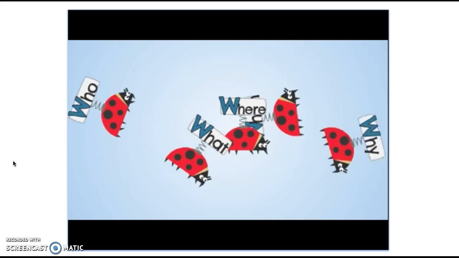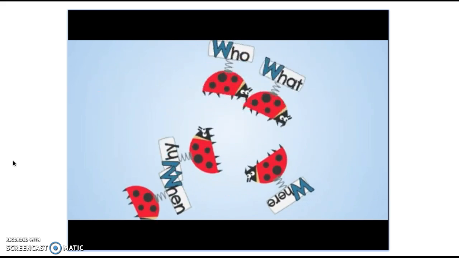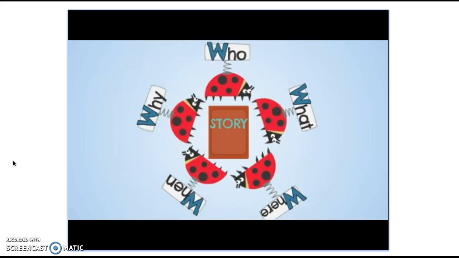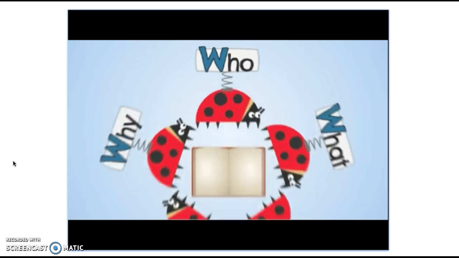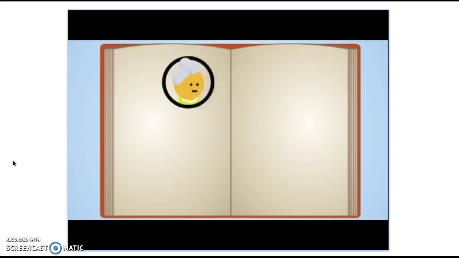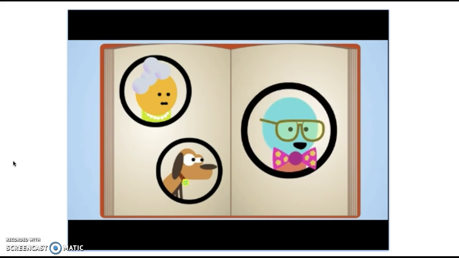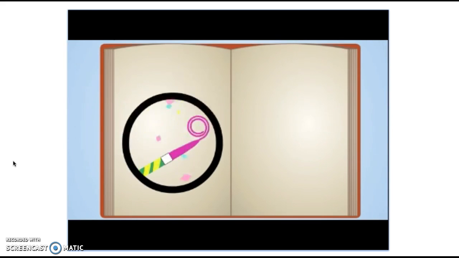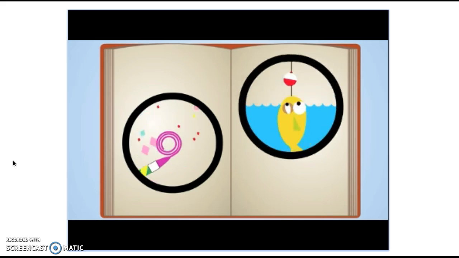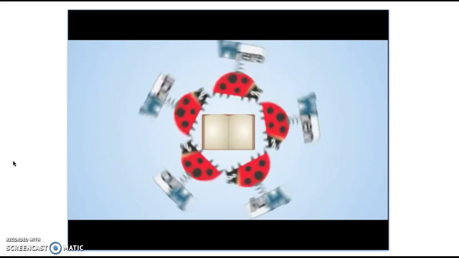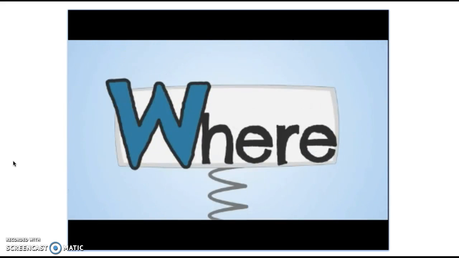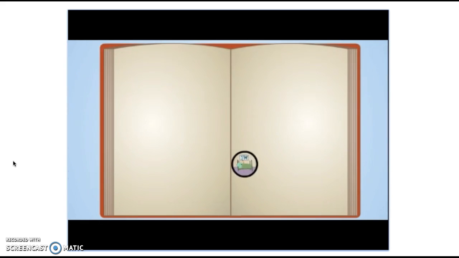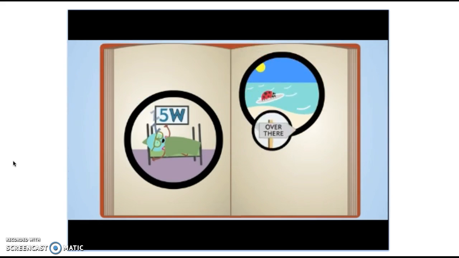5 W's, 5 W's. You can't tell a story without 5 W's. Who? A story needs a who, like a grandma or a dog or even you. What? A story needs a what, like a birthday party or the fish you caught. Where? A story needs a where, like your bedroom, at the beach, or over there.